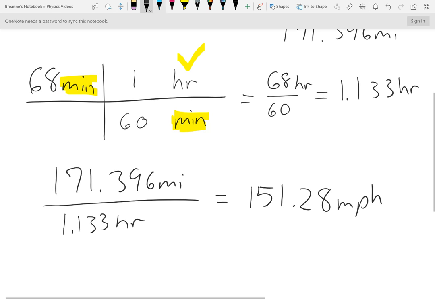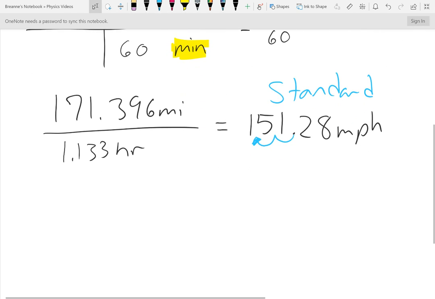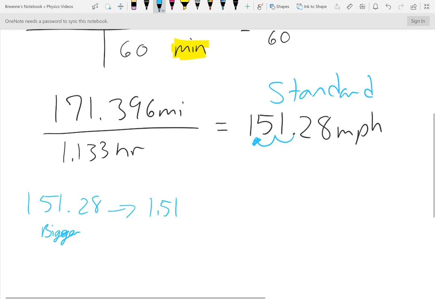But if you want to convert that, put that into scientific notation, this is in standard form. To put it in scientific notation, we have to move the decimal 1, 2 times. Now remember, 151.28 is bigger than 1.51, which is smaller.